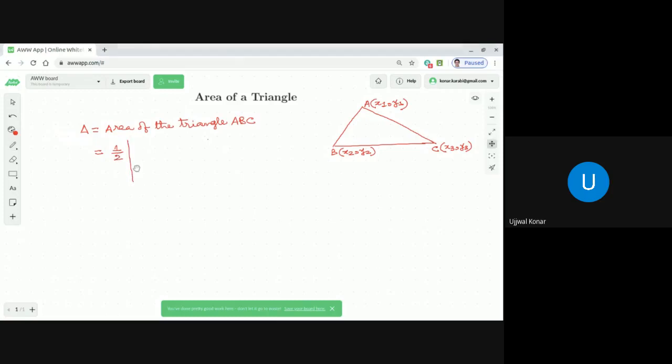If I read row wise, it becomes x1, y1, 1; x2, y2, 1; and x3, y3, 1.